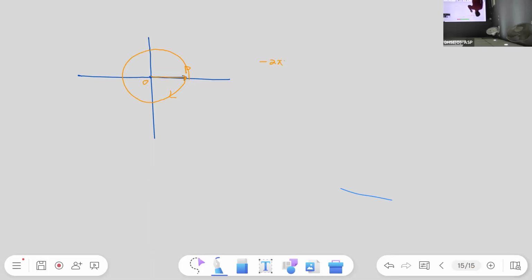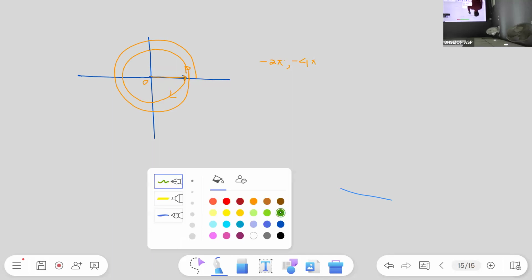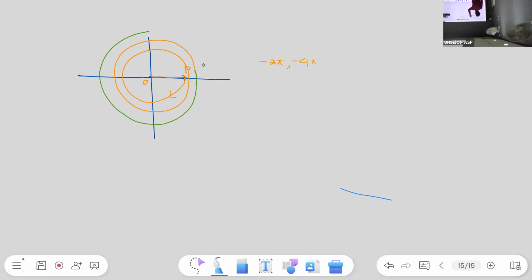After two complete revolutions, the angle will be minus 4 pi. After three complete revolutions, the angle will be minus 6 pi. So after n complete rotations, the angle will be minus 2n pi.